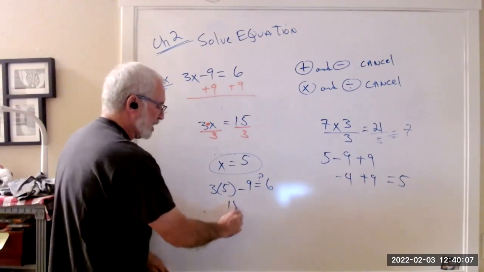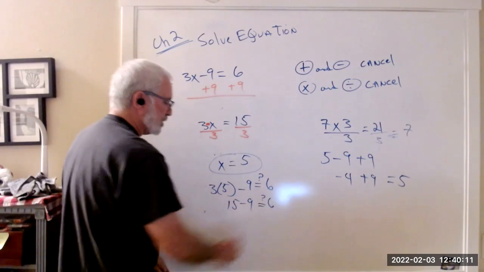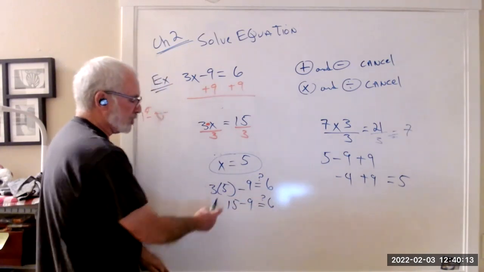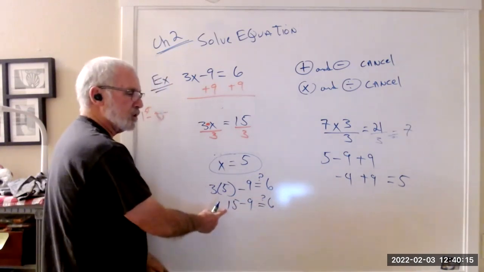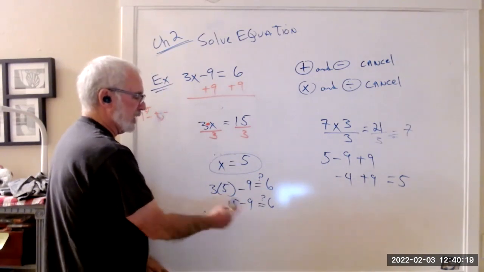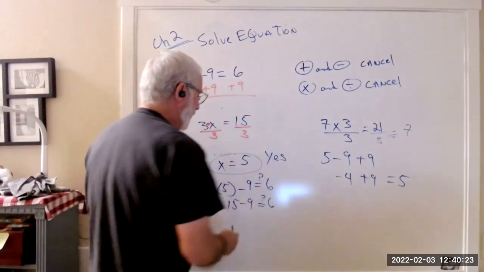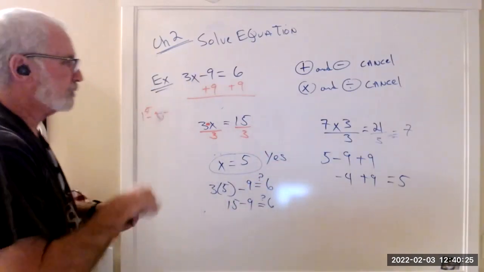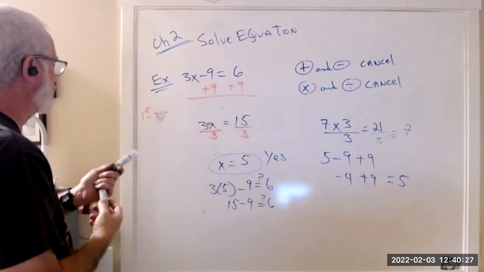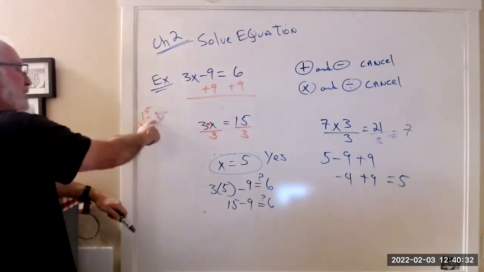So that's 15, take away 9. Does it equal 6? And again, you need to do just enough work to ensure that yes, it is a solution, or no, it's not. So yes, it is. That's it. We're done.